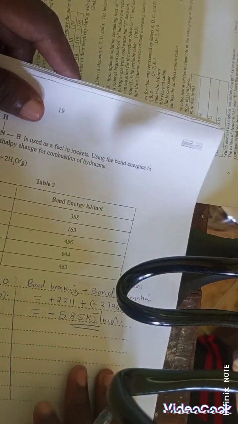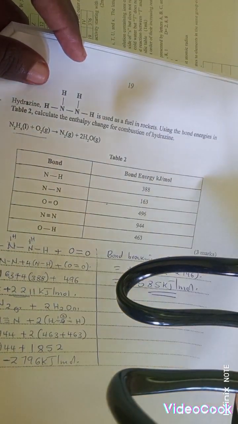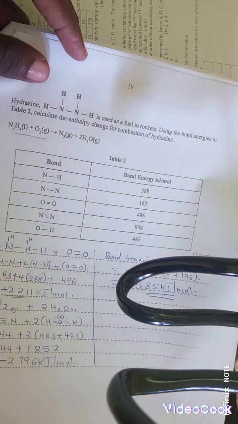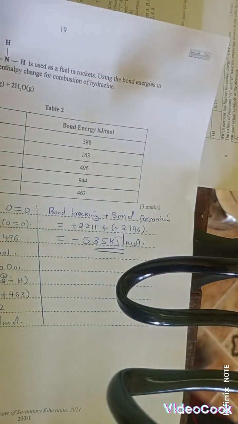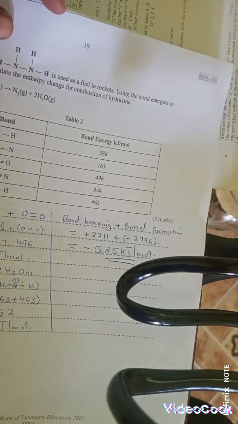So the combustion of hydrazine is an exothermic reaction, because its overall enthalpy change is negative 585 kilojoules per mole.